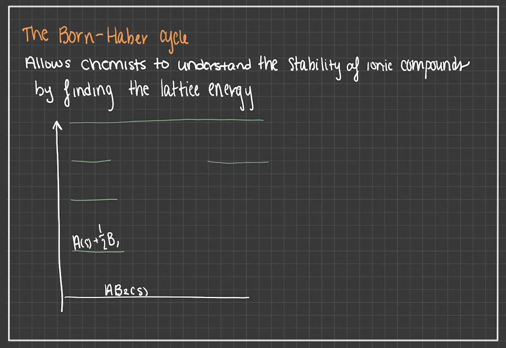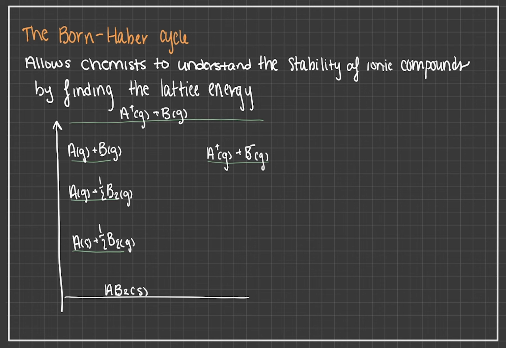The next energy that we're going to have is the heat of atomization, and that is when we're bringing our A into a gas. The next one is heat of dissociation, and that is when we are breaking apart our B elements.